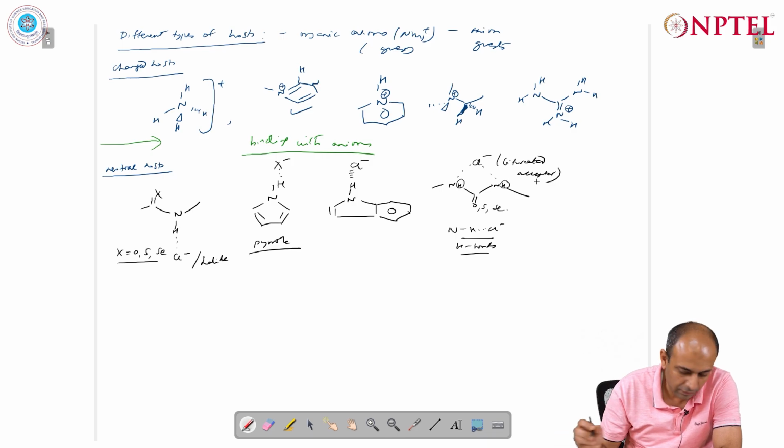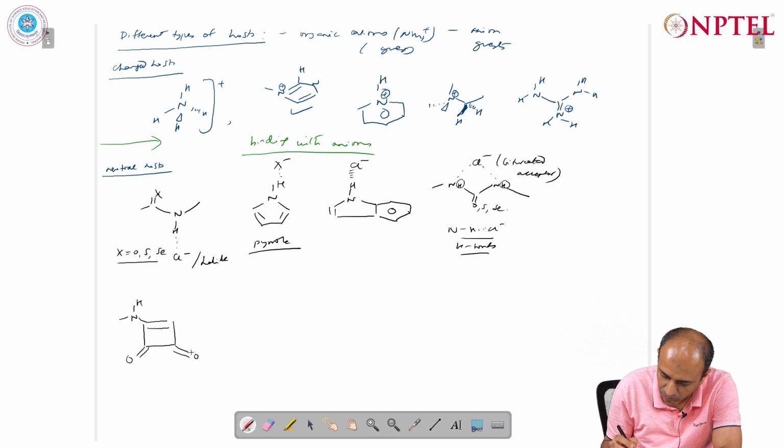We can extend these further to squaramides. For example, we can have these kinds of systems, and these can function as donors with the X minus. You can also have oxygen or sulfur here. So we can have this squaramide, and we can also have the thiosquaramide.